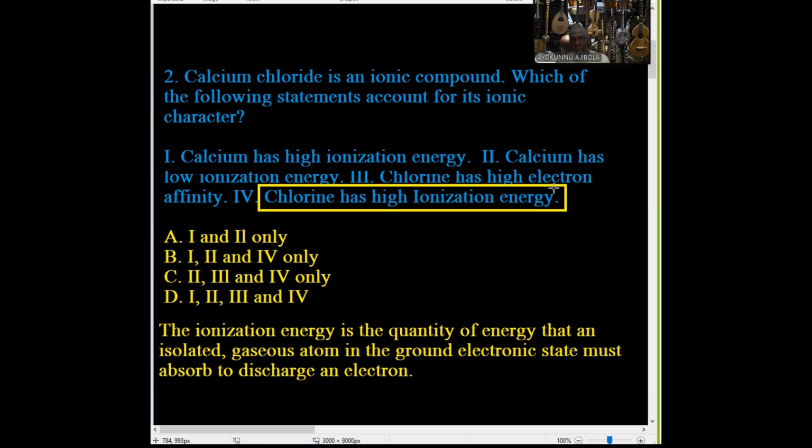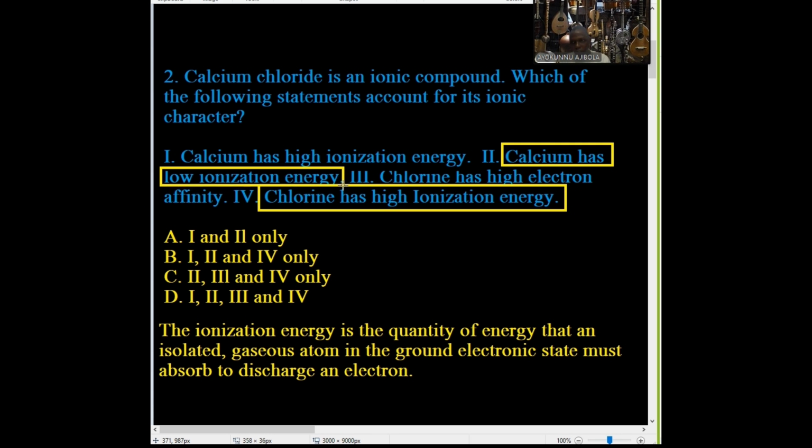So if we are picking the correct ones, we'll firstly pick this as correct. Now let us look at the other terms and see why they are correct, okay? Calcium has low ionization energy. Yeah, that is correct based on our explanation. Is that clear?